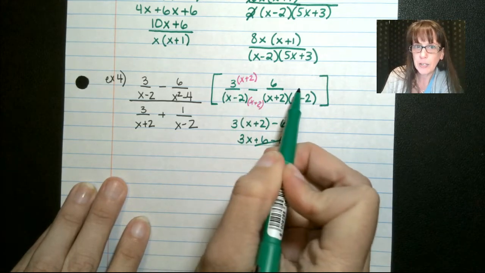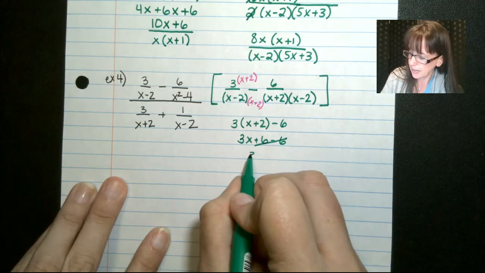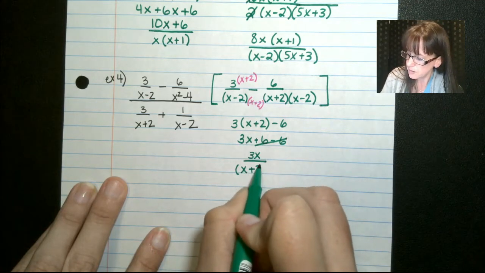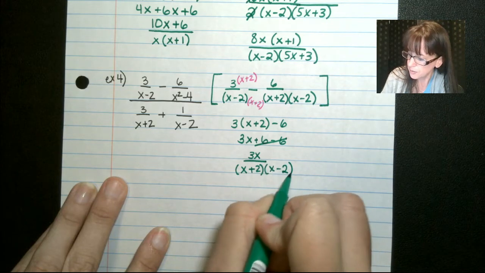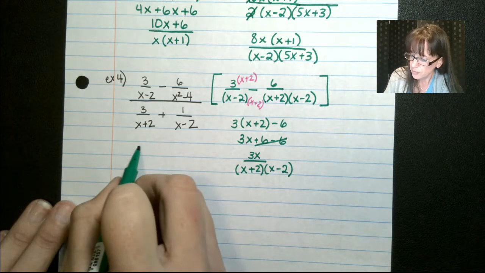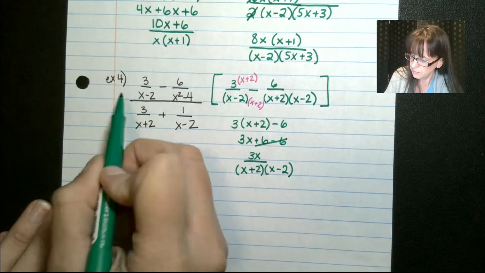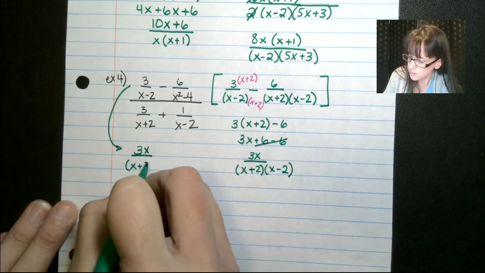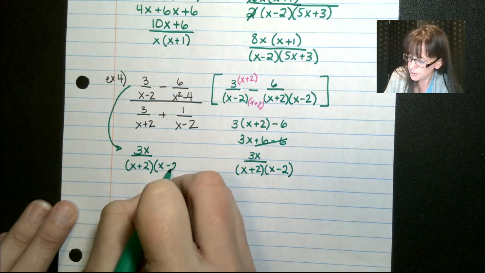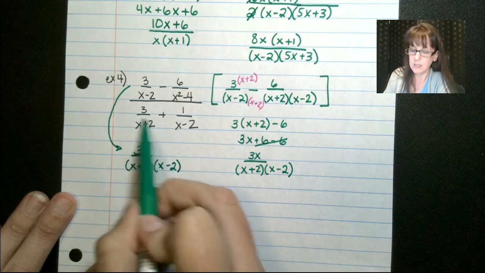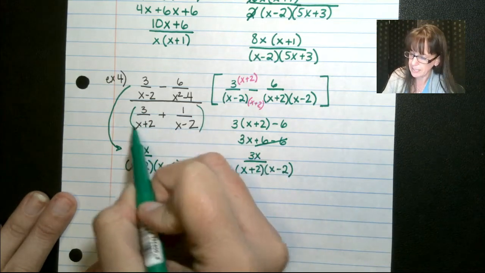So the numerator up here is just 3x. And then downstairs is x plus 2, x minus 2. So all of this becomes 3x over x plus 2, x minus 2.